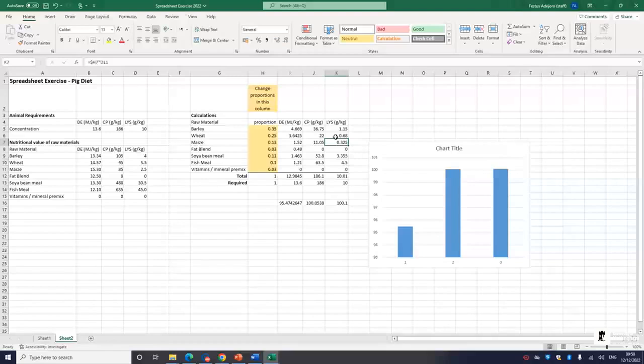Because I said earlier on that the animal eats to satisfy primarily its energy requirements. The animal was supposed to eat 1 kg of the diet to satisfy its energy requirements. By the time the animal consumes 1 kg, the energy requirement is not met.